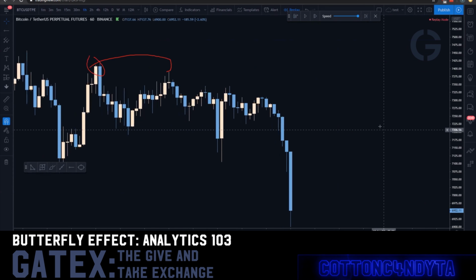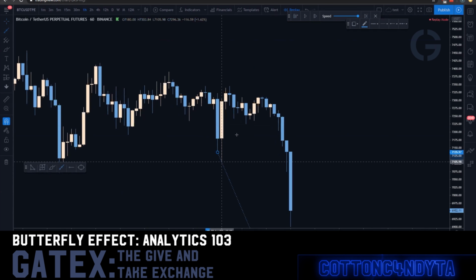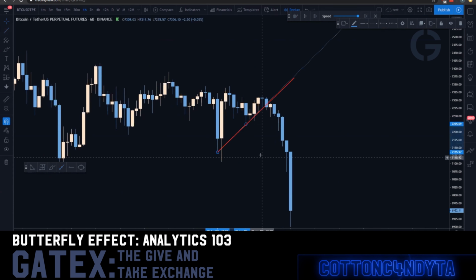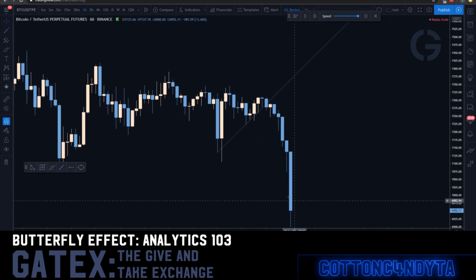You can see the ladder down, and if you simply draw a trend from here to here, you only have to draw one line. You can see the ladder down into the trend.